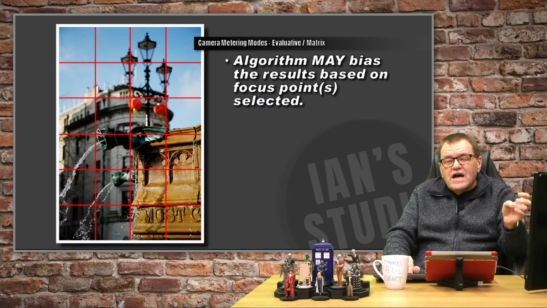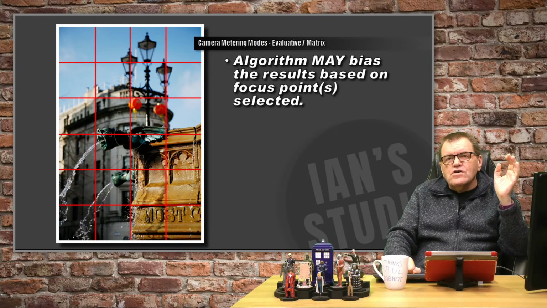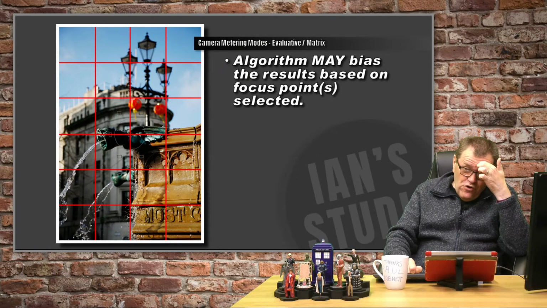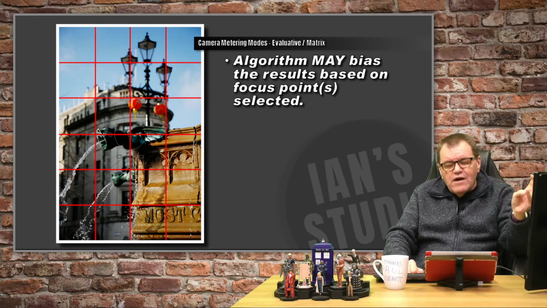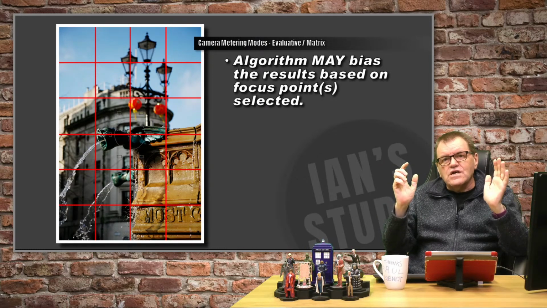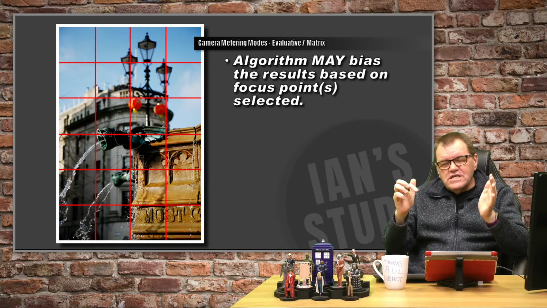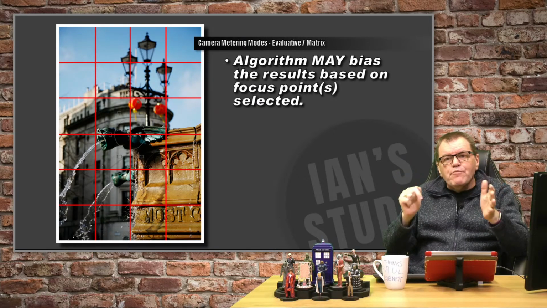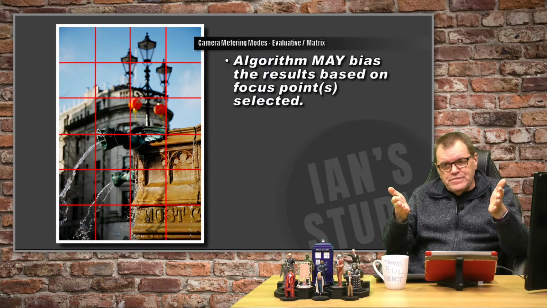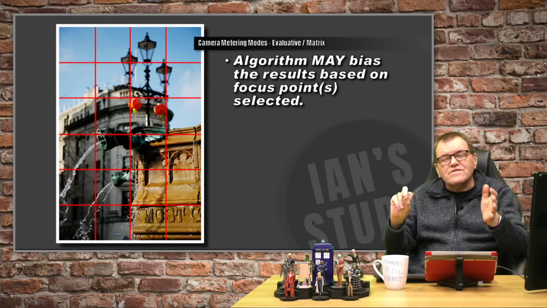Now, it's worth knowing that because of understanding at what point you calculate your exposure in evaluative mode. By default, on most cameras, the half press of the shutter release will lock your focus. When you complete the shutter release, at that point, the camera calculates the exposure. So that's for most cameras, but that's not necessarily always the case.